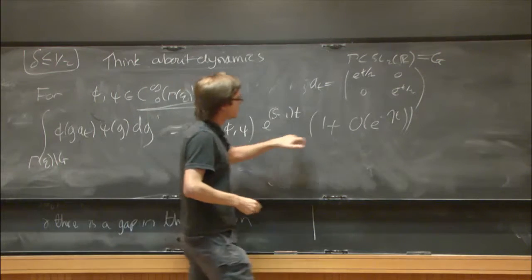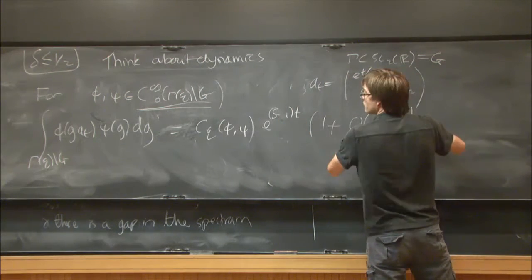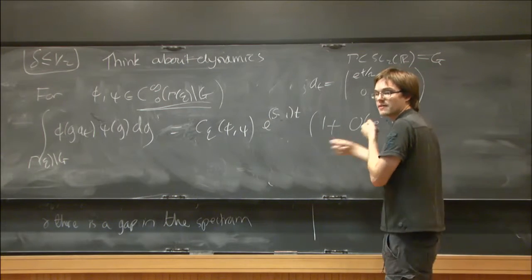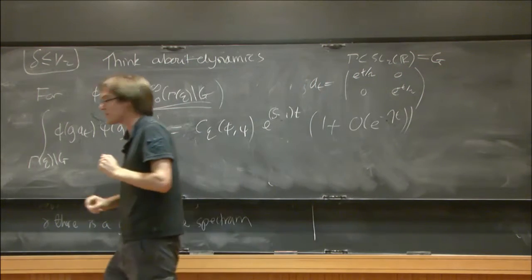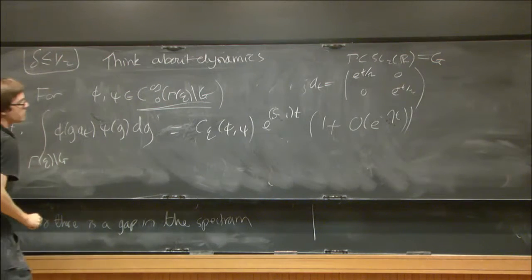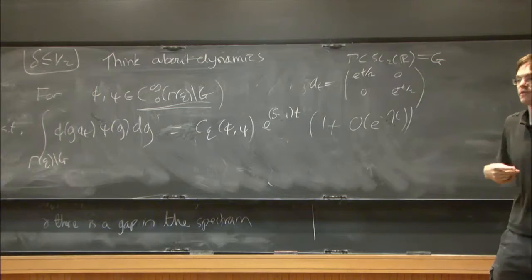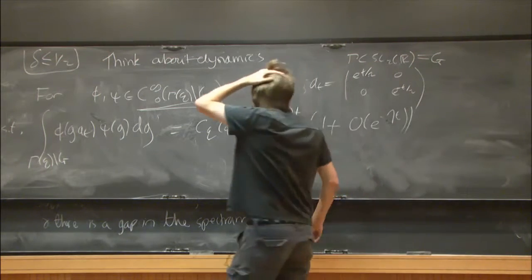This gap, this eta change in the exponent, this extra exponential decay, you should think of as being spectral gap. And the remark is, there exists eta greater than 0 such that this happens independent of Q. So eta is not supposed to depend on Q. This is supposed to be spectral gap, which is honest in some sense.